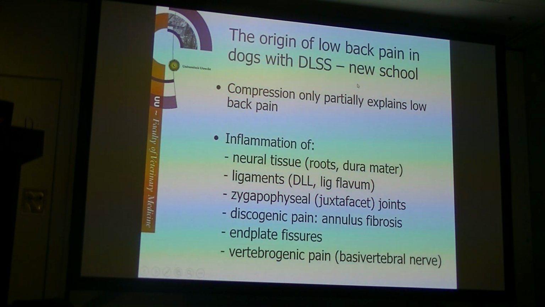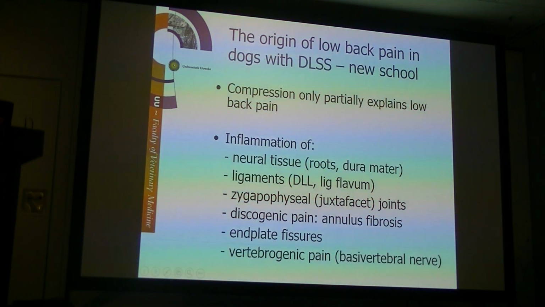If we look now in the literature on low back pain in humans, there's a lot of information there that also tells about other structures that are involved in this pain syndrome. And certainly compression only partially explains low back pain in humans.